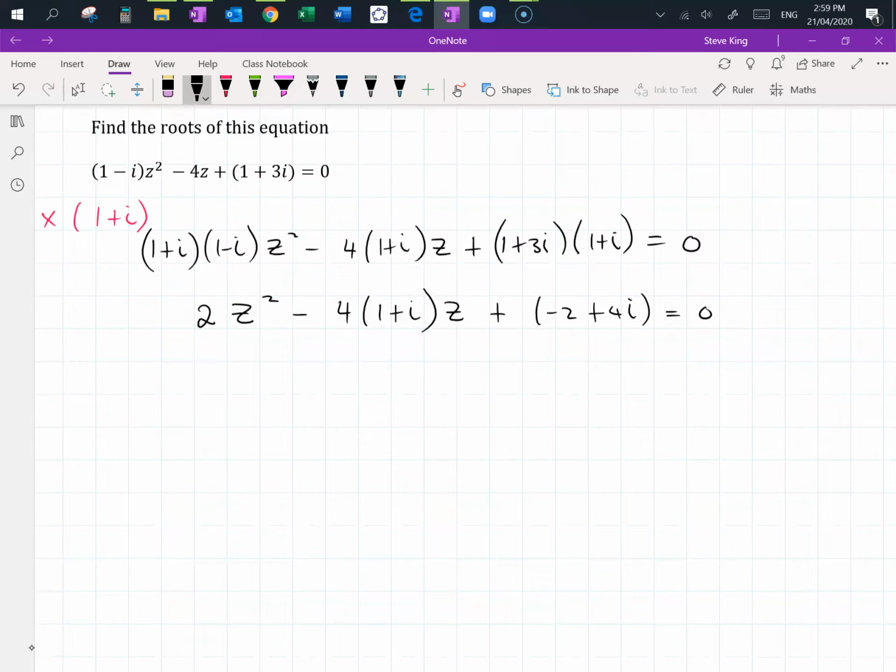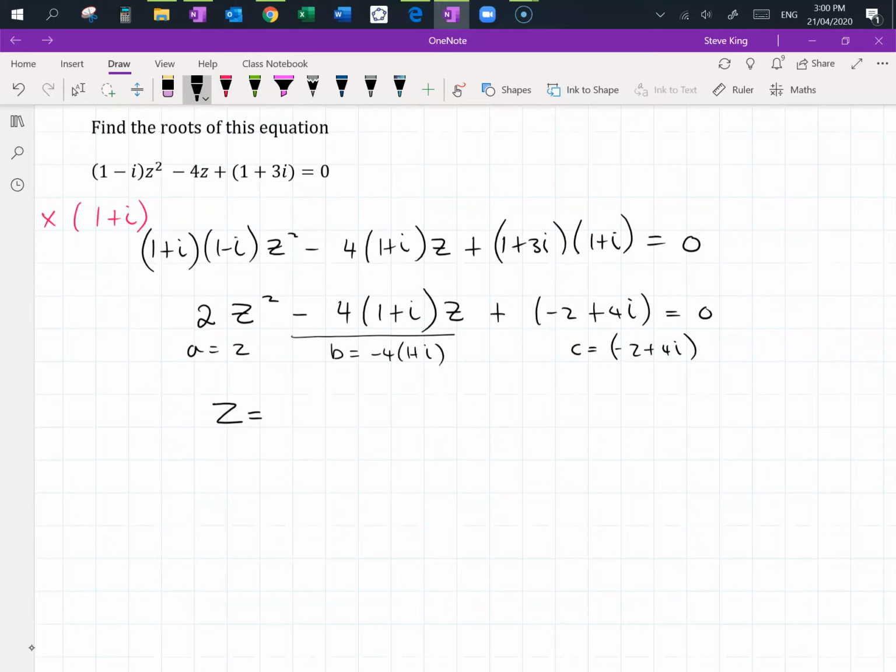Now, I thought you said it was going to look less complicated. Well, at least now I've got it in a format that looks like a quadratic equation. And since it is a quadratic equation, I'm going to use the general quadratic formula. So z is going to equal minus b. Remember, b is going to equal this minus 4, 1 plus i. a is going to equal 2. And c is going to equal minus 2 plus 4i.